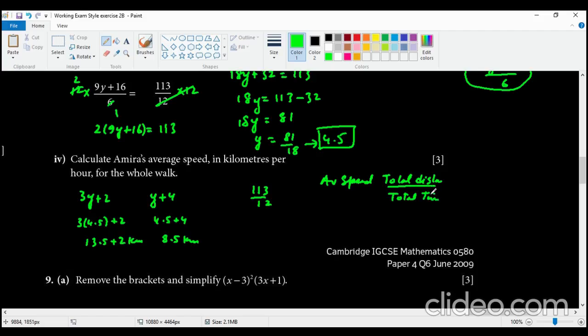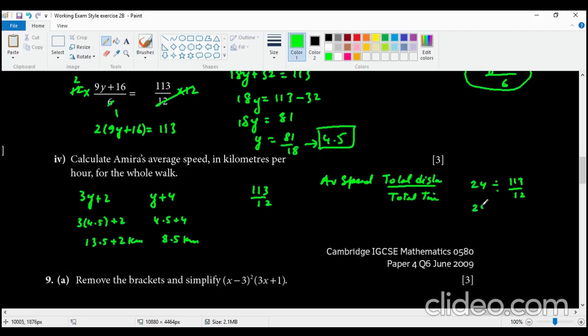So the total distance is 24, divided by total time, which is 113 by 12.